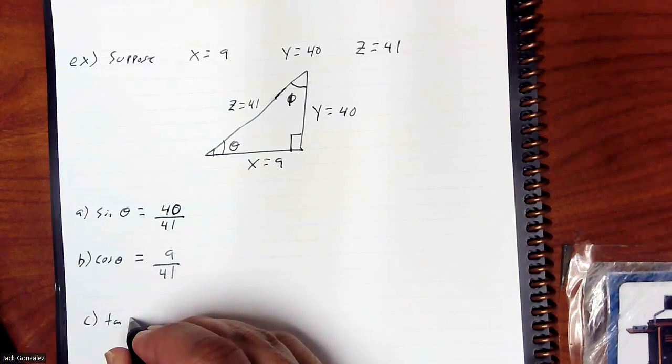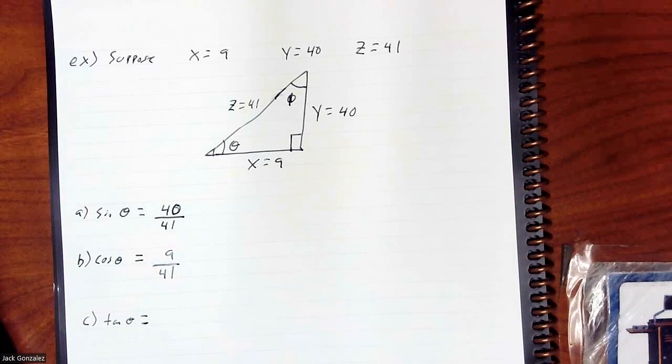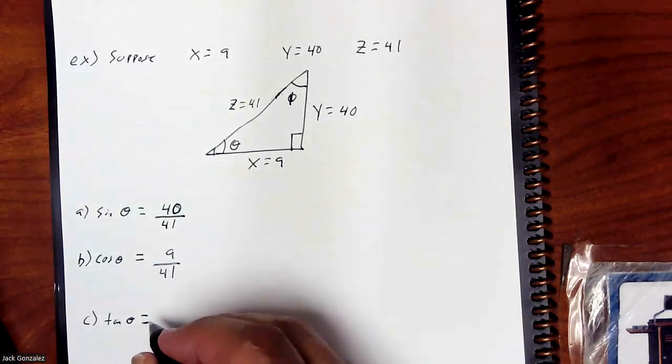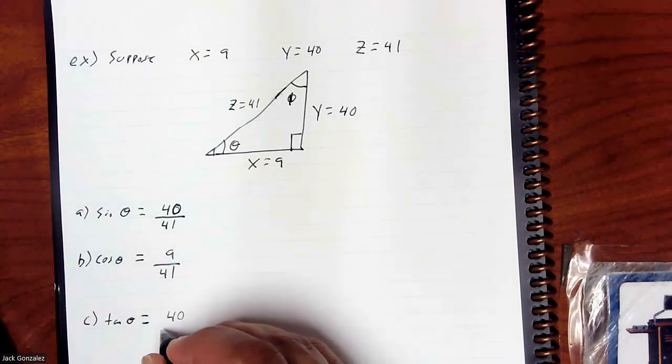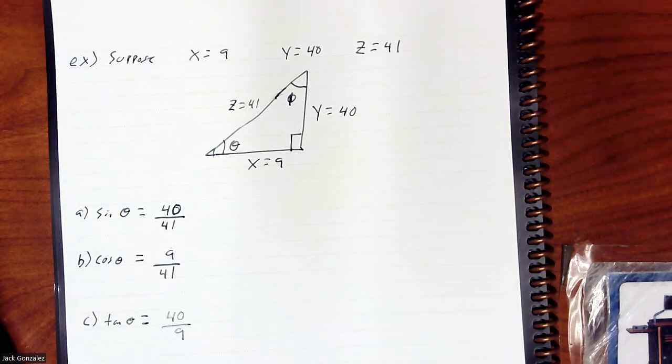What is tangent of theta? Yeah, so opposite over adjacent. Is that clear? All right.